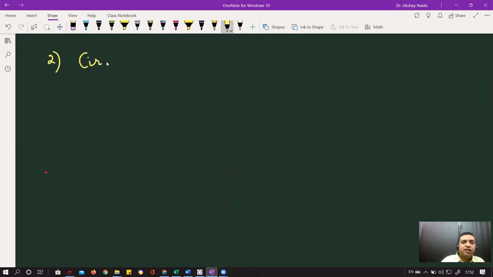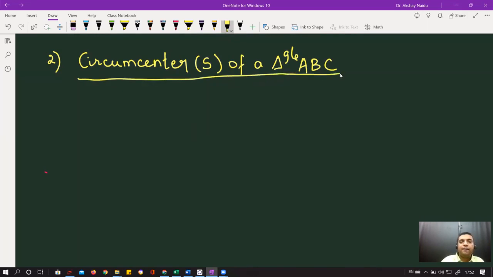Next, we'll go to the circumcenter of a triangle. We'll represent the circumcenter as S, of a triangle ABC formed by 3 points. What is a circumcenter? Anybody? Centroid is point of intersection of the medians.